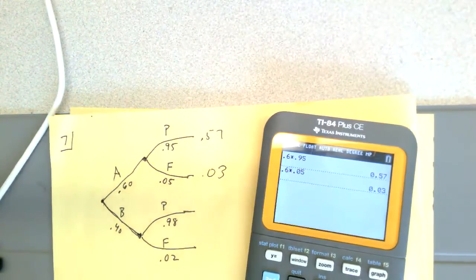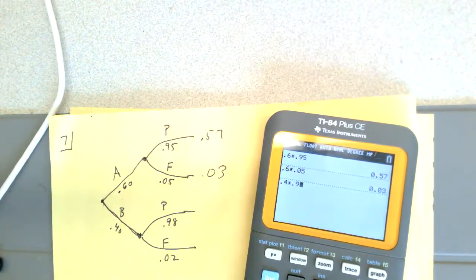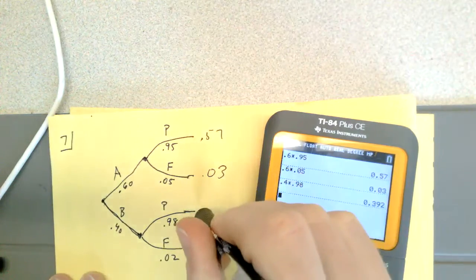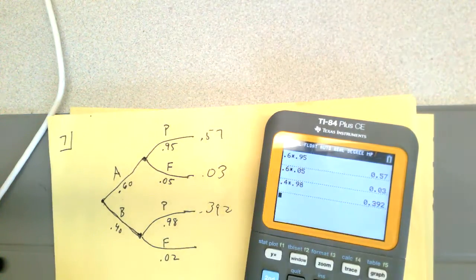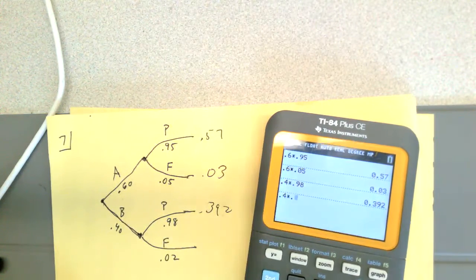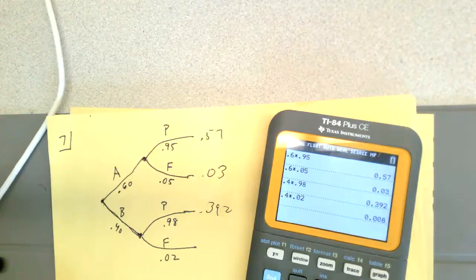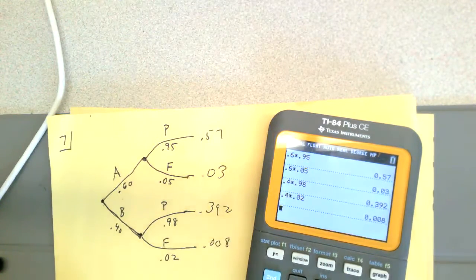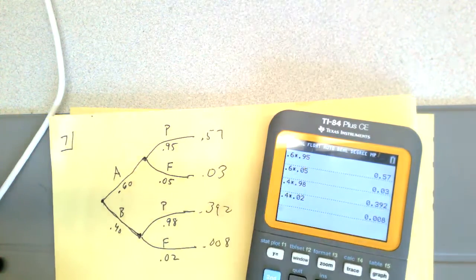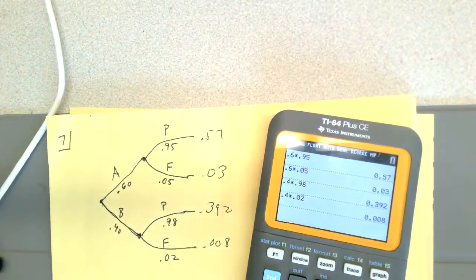Then 0.4 times 0.98. That's 0.392. And finally, this branch will be 0.4 times 0.02, which is 0.008. And that is the completed tree diagram. If you want to check that you've done everything correctly, you can verify that these 4 end branch probabilities add up to 1, and they do.